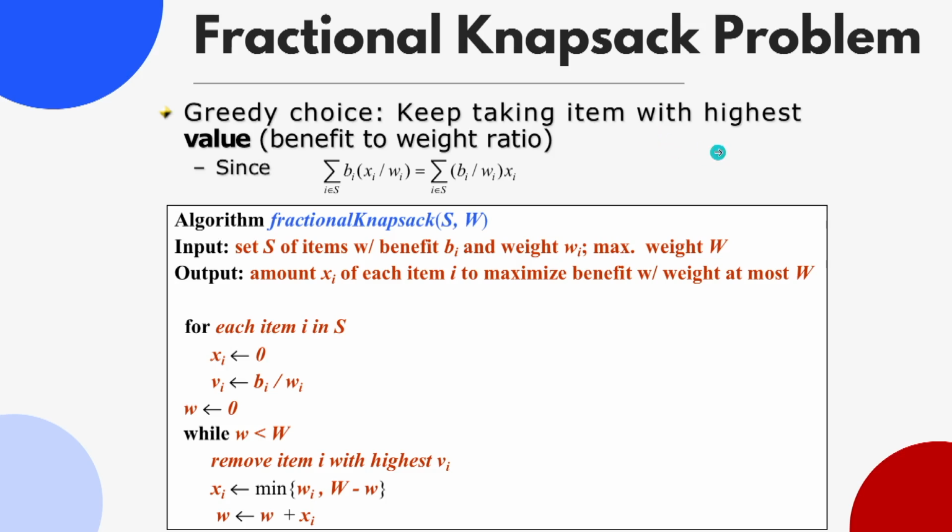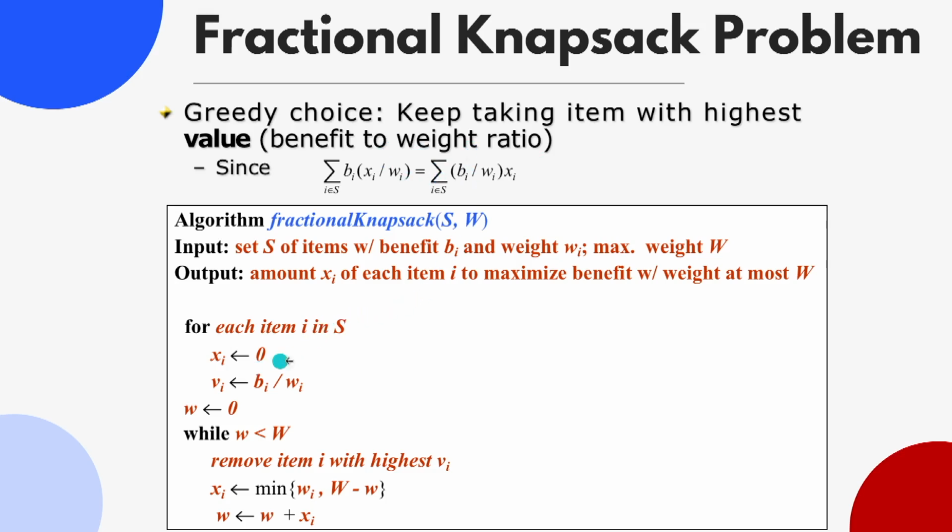So, with the fractional knapsack problem, the greedy choice that we make during every iteration is that at every point of time we try to take an item whose value benefit is more, with the objective that we want to maximize the benefit.